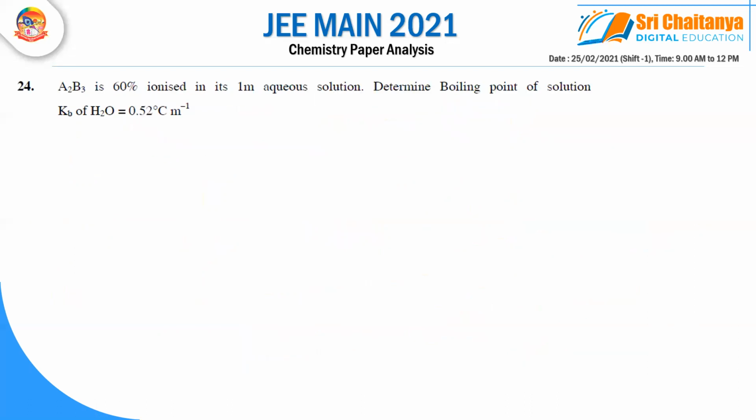Next, we have A2B3, a compound which is 60% ionized. So let us write down A2B3. If I write down the equilibrium here, 2A^3+ plus 3B^2-.